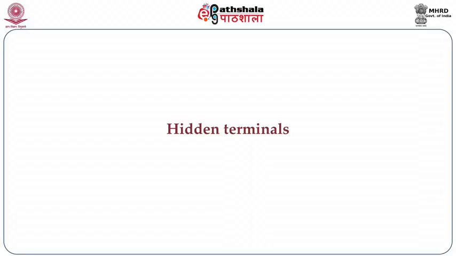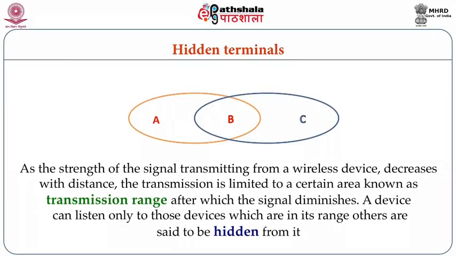To understand this problem, let us consider what hidden terminals are. As the strength of the signal transmitted from a wireless device decreases with distance, the transmission is limited to a certain area known as the transmission range, after which the signal diminishes. We have discussed many times that depending on the power of the antenna, the signal will reach only up to a certain distance, and after that it won't be recognized.